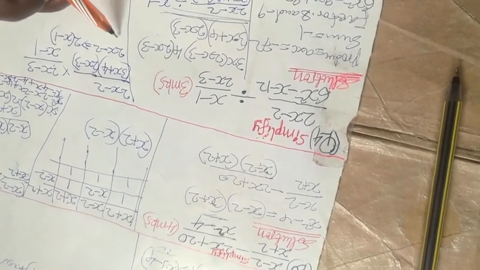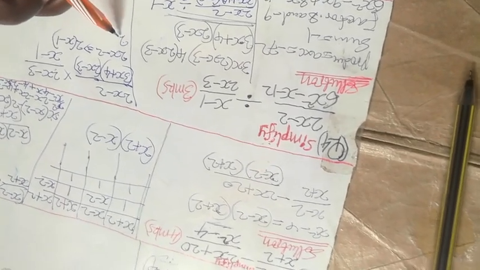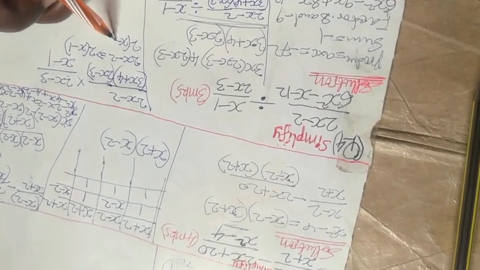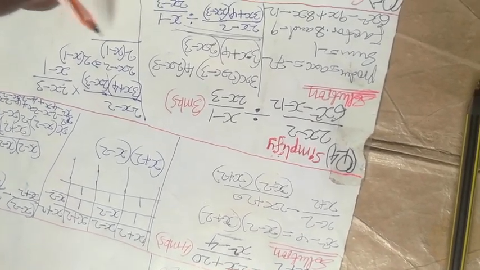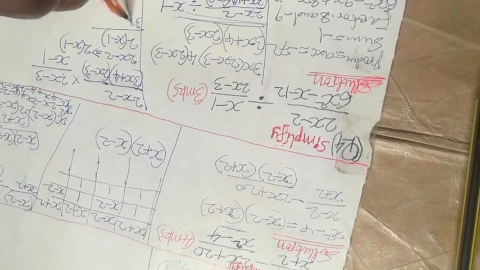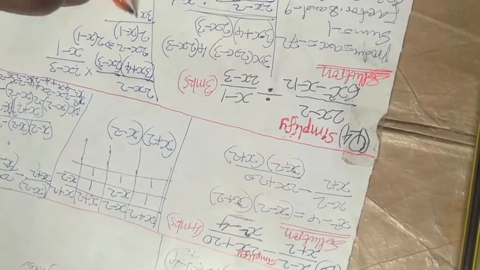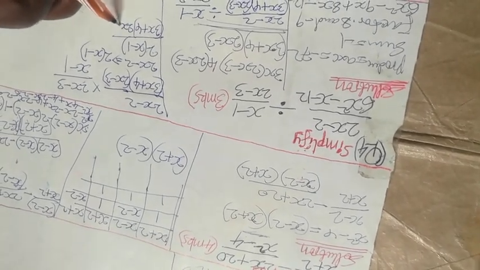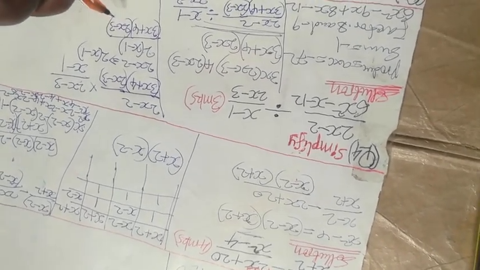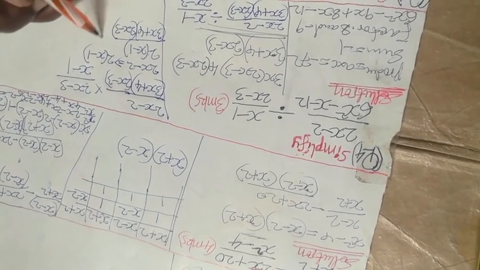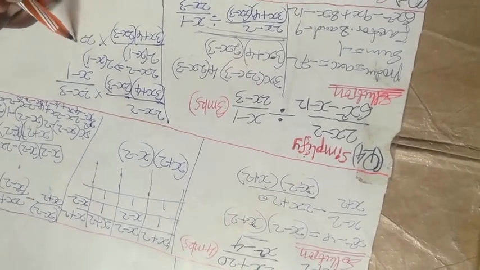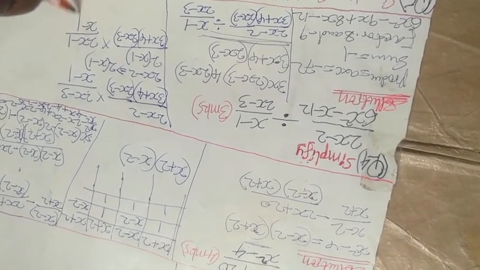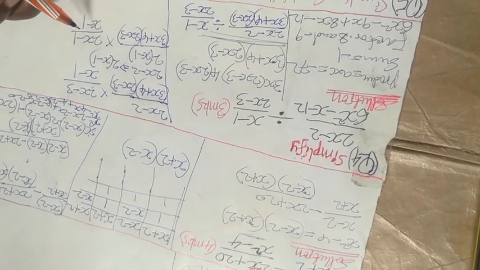We are going to say that 2 into brackets x minus 1 into brackets all over 3x plus 4 into brackets 2x minus 3, multiplied by 2x minus 3 all over x minus 1.